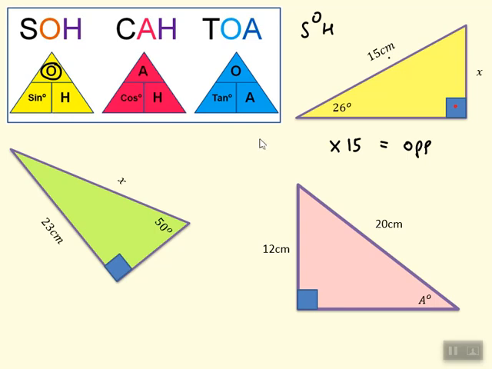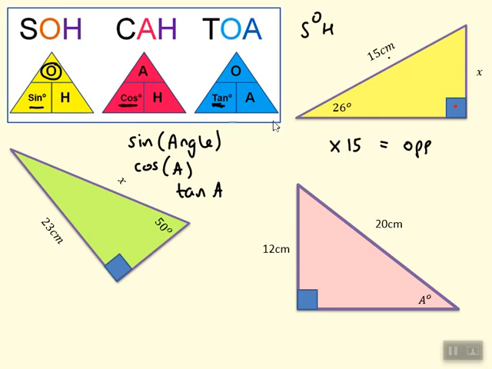Now, this is really important. The sine, cos, and tan in the bottom corners here always stand for sine of some angle, whether you know it or not. So that cos stands for cos of some angle, and this tan stands for tan of some angle, whether you know it or not.